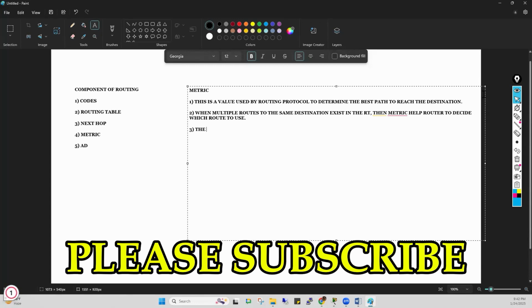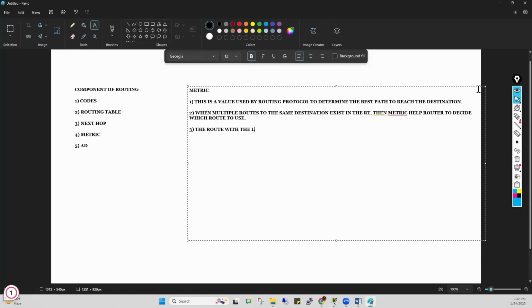The third point, the route with the lowest metric is usually considered the best route.